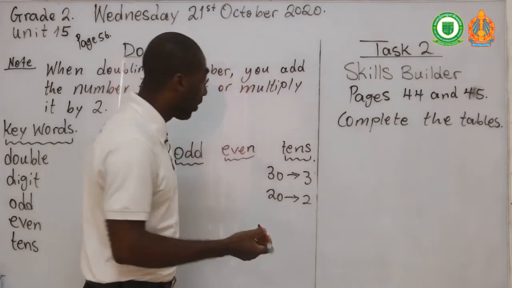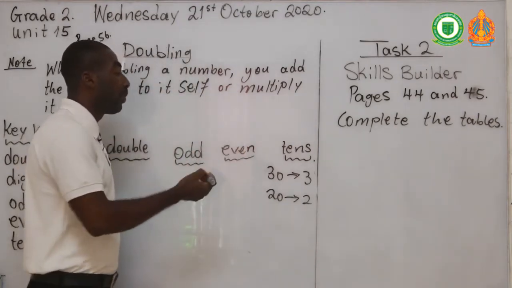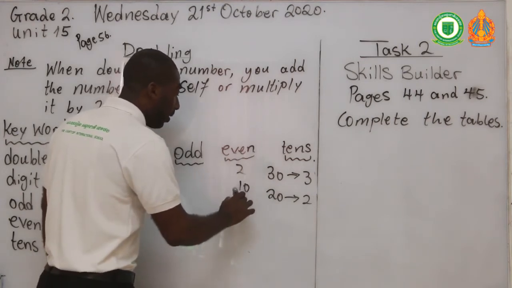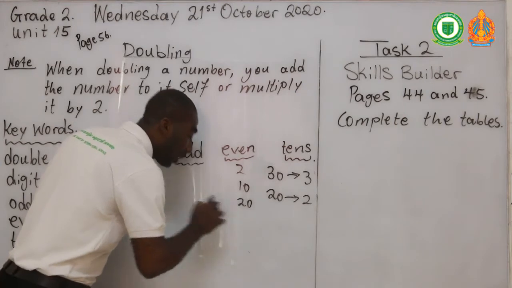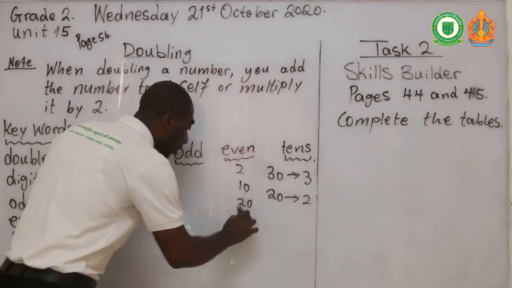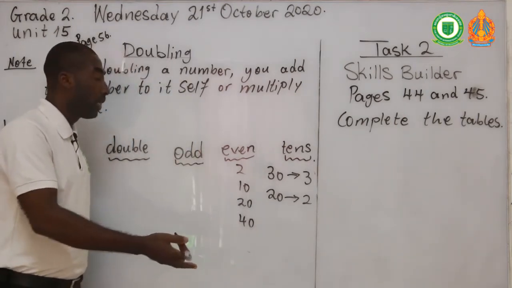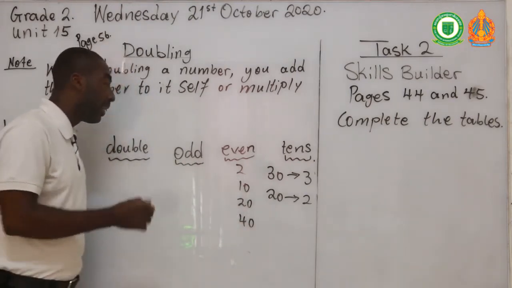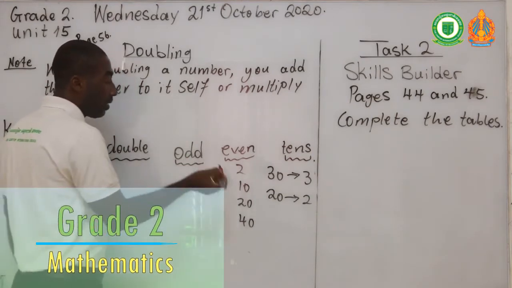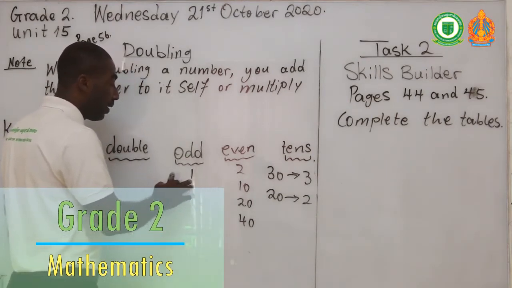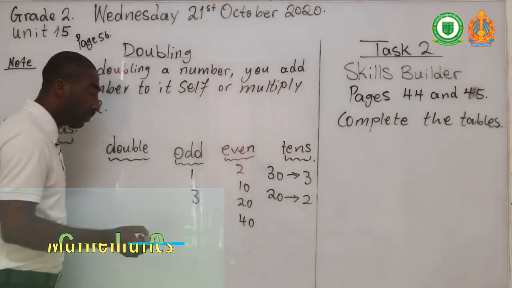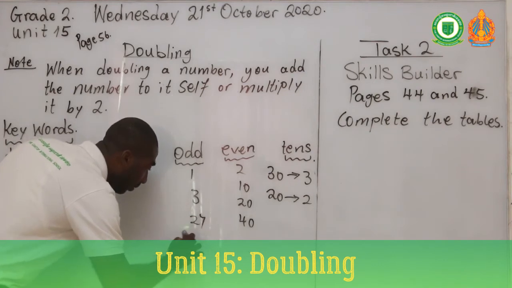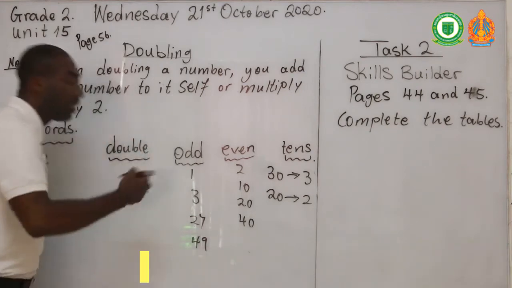Now, examples of even numbers: we can say 2, we can say 10, we can say 20, we can also say 40, and it continues like that. These are numbers that when you divide by 2, there is no remainder. Odd numbers, you can start with 1, you can start with 3, and then you can go to 27, you can go to 49, like that.